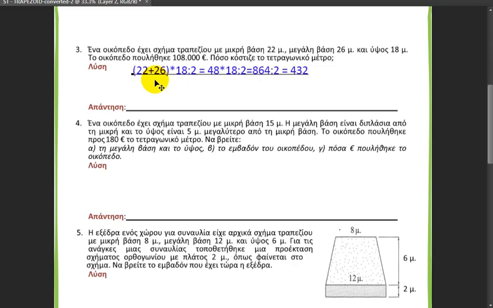So to find the price per square meter, I'm going to need to divide the final price by the total area. So 108,000 divided by 432. And this will give us how much if we do it vertically. What we are going to find is 250. So my answer here should be each square meter cost 250 euros.